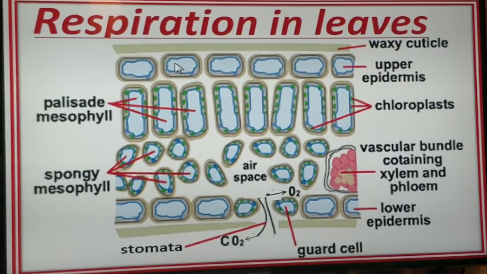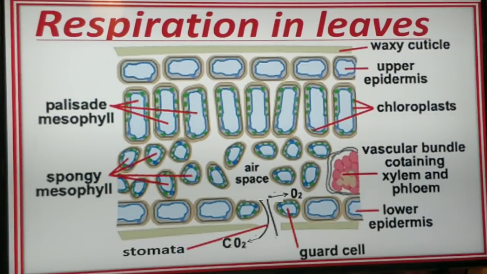Next to the upper epidermis is a layer of palisade mesophyll cells, and these are filled with chloroplasts. Just below the palisade mesophyll cells are spongy mesophyll cells, and you can see that they have large air spaces or air cavities between them.